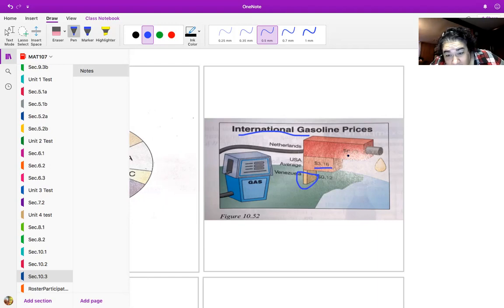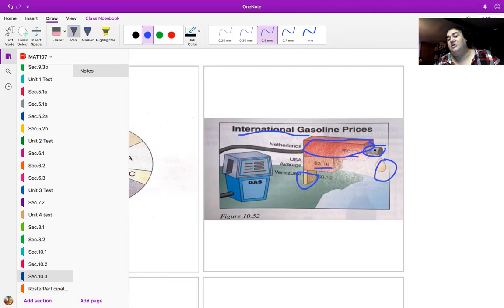And then this is kind of hard to see, but this is in the Netherlands and it's like $8.93, okay? But because they have added to it the little nozzle with the oil drop, it actually really exaggerates the difference here, and it makes it seem as if in the Netherlands the cost is astronomically higher. When you compare the numbers, it is more, but it is not astronomically higher.